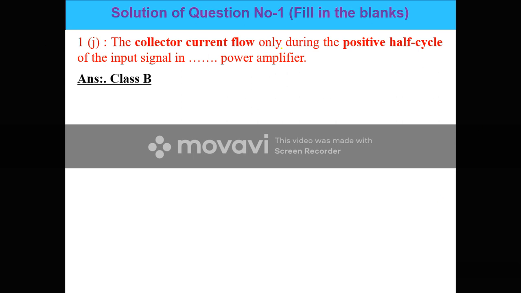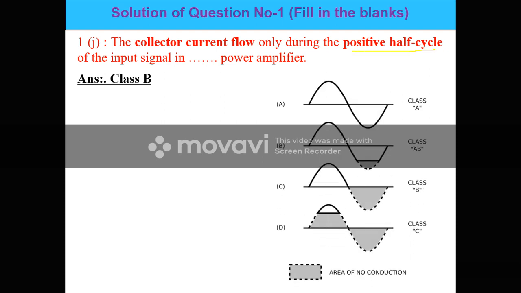Collector current flows only during the positive half cycle of the input signal in a power amplifier. In a class B amplifier, the collector current will flow only in the positive half cycle. See here, this region represents no conduction.